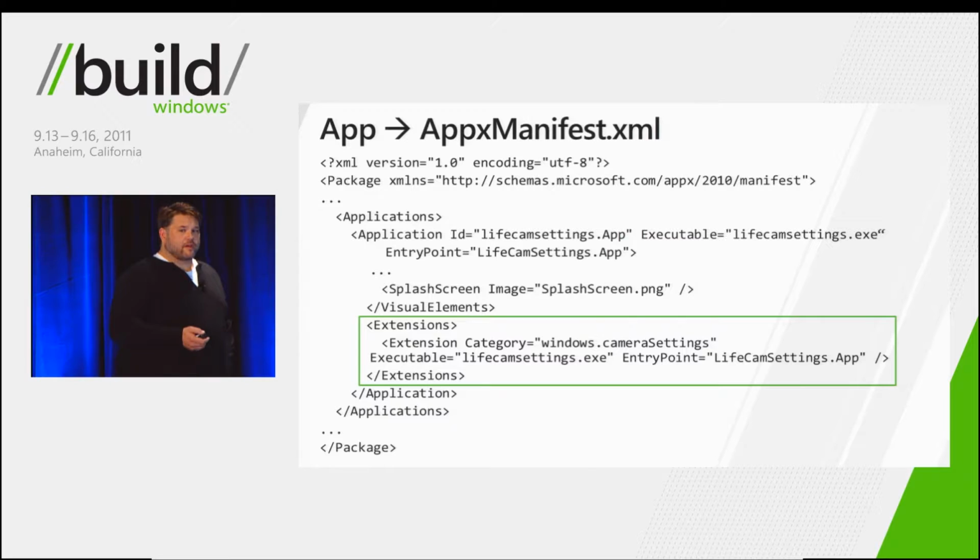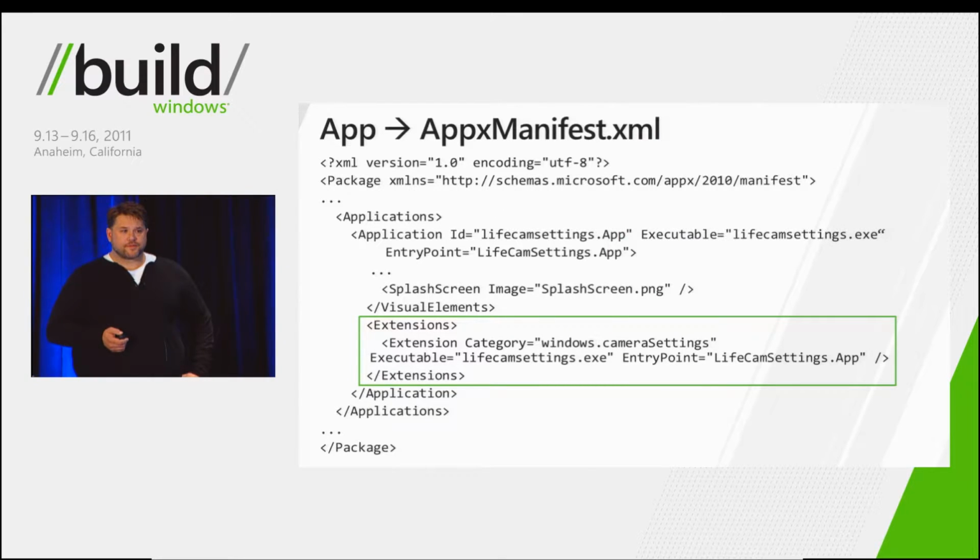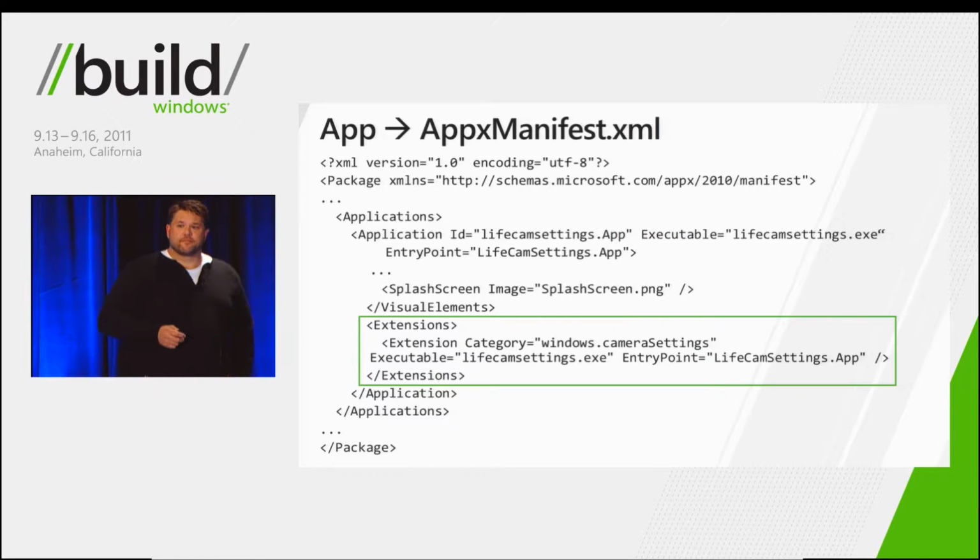And for folks who've already taken a look at the Metro-style apps and have gotten a little bit under the covers, there's an AppX manifest file. And this is the app manifest, as people have been talking about, where you might be able to edit this in the app manifest editor and the Visual Studio tools. And there's lots of things that you can do here.